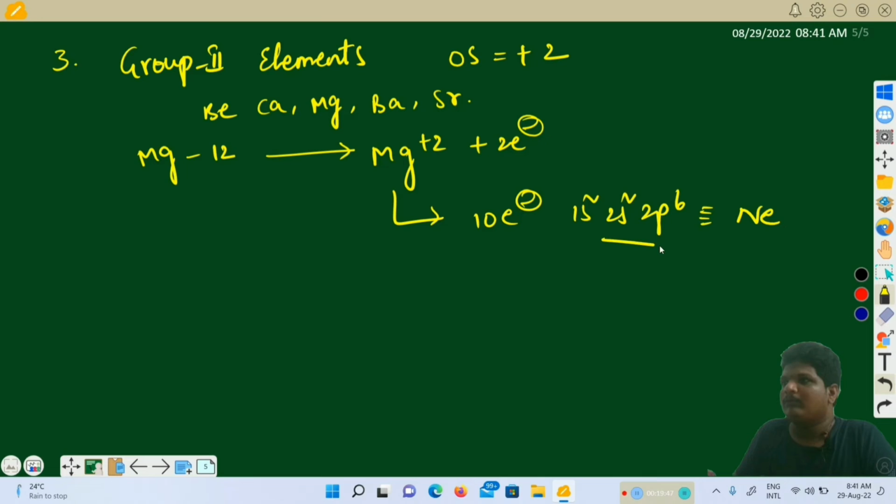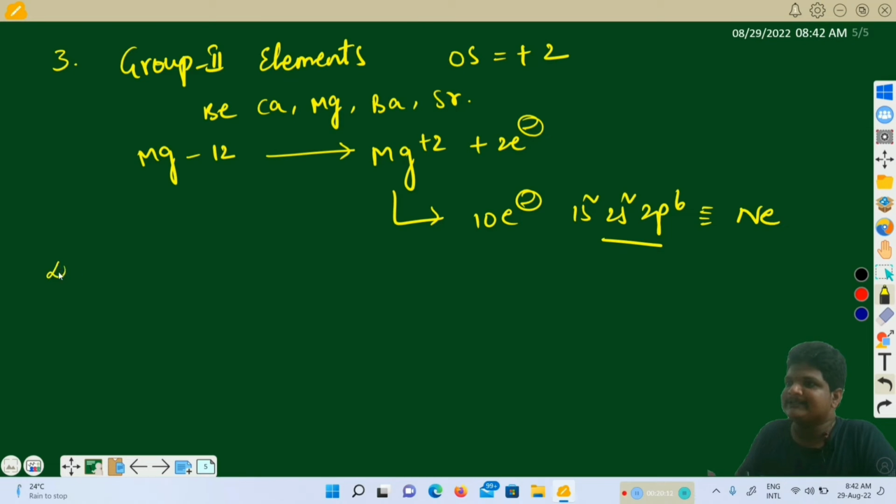So it is a more stable electronic configuration. That's why it can exist only as Mg +2 in its bonded state. It can exhibit a maximum oxidation state of +2. So these group 2 elements will exhibit +2 oxidation state.